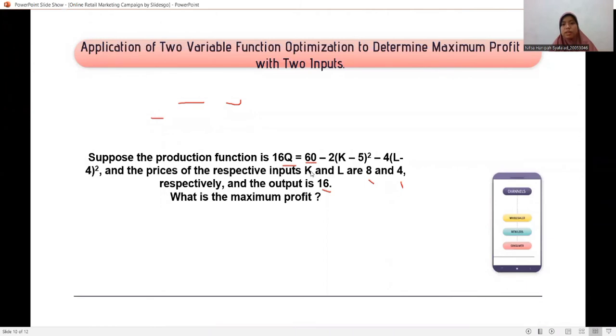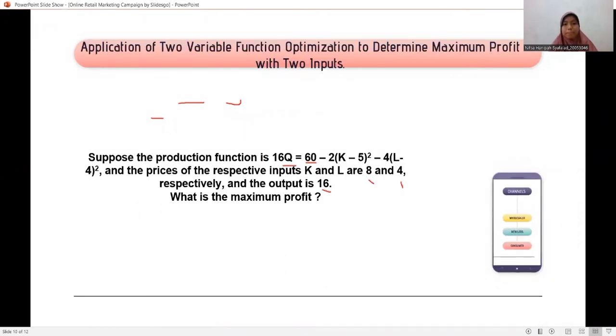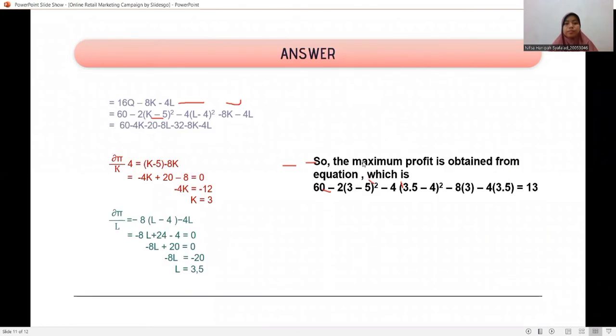From here, this is K minus 5. After that, we calculate it.